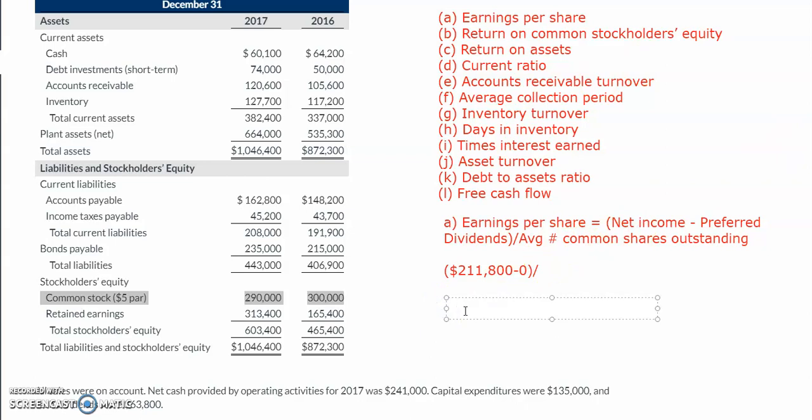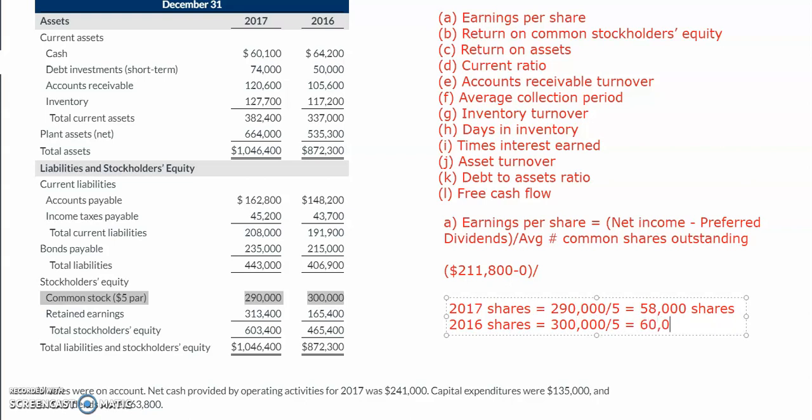And so for 2017 shares, we would take 290,000 divided by 5, and that will give us 58,000 shares. For 2016 shares, we're going to take $300,000 divided by the $5 par value, and we get 60,000 shares.